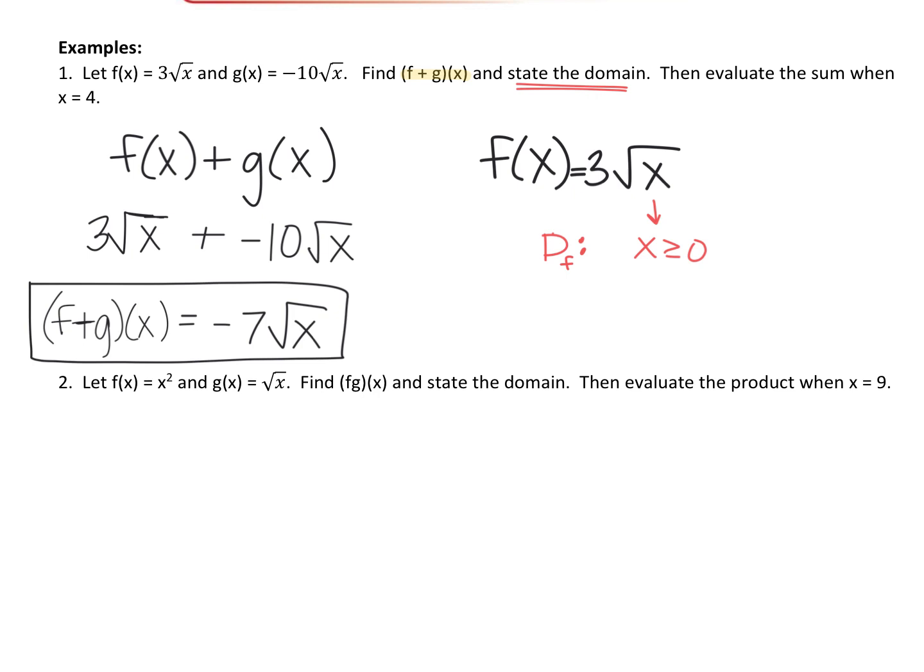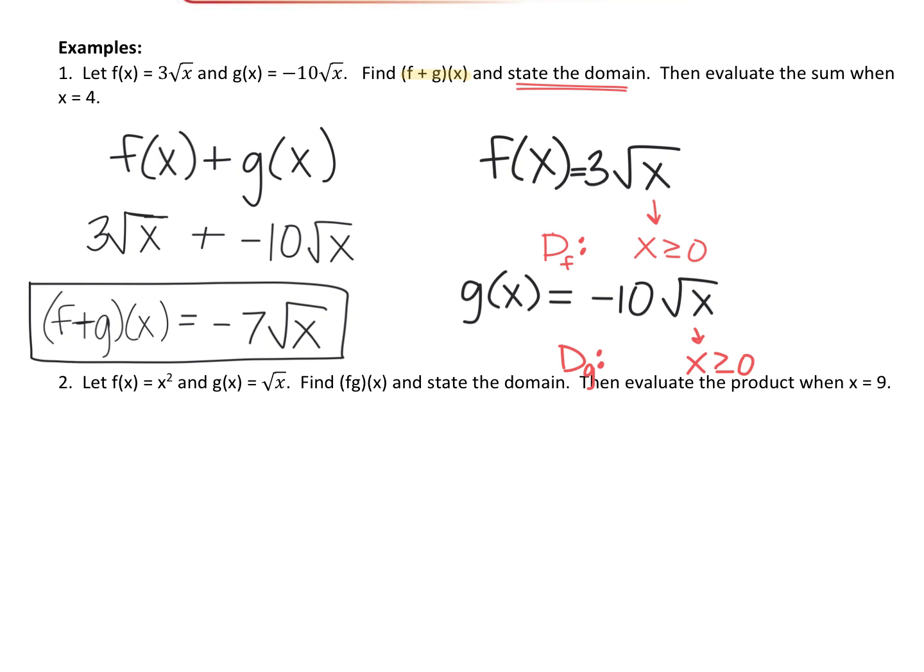Can't graph that. So then we'll look at g of x. G of x is negative 10 root x. What's going to be the domain on this one? Same thing. Again, we want the inside to be positive or 0. And so the domain of g has to be greater than or equal to 0. And now we look at them together.